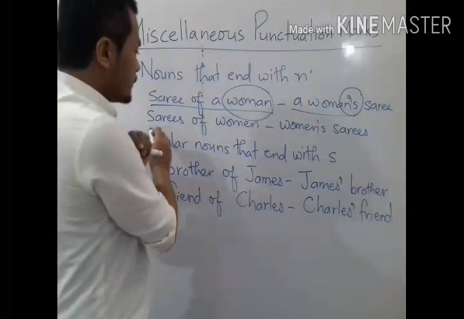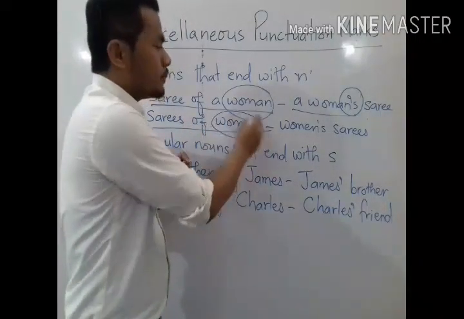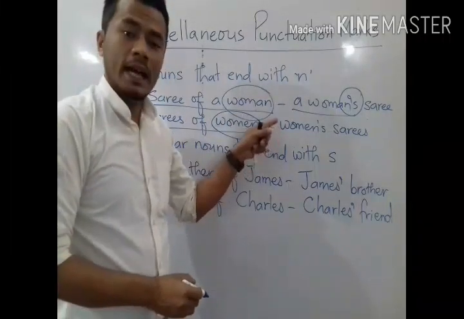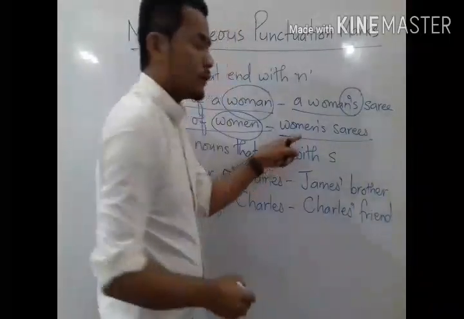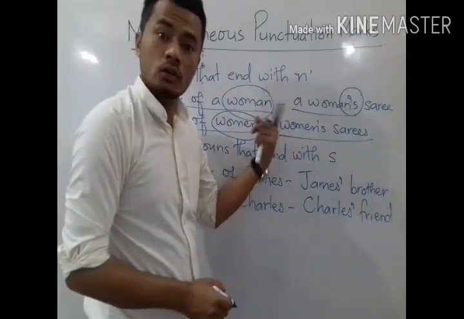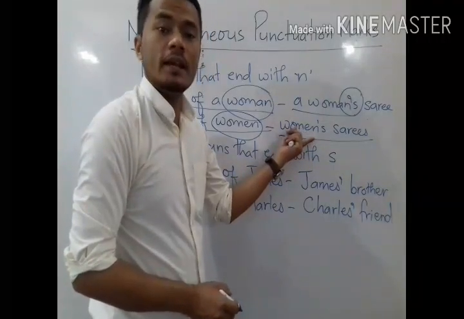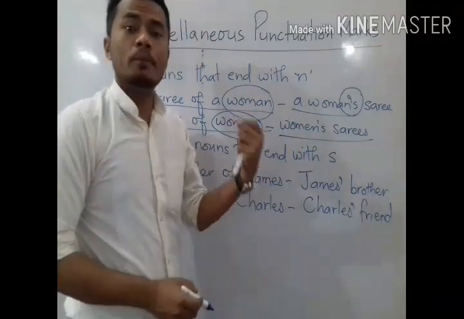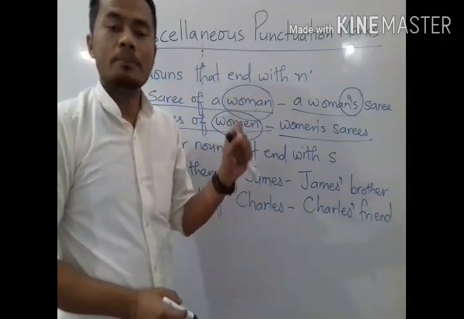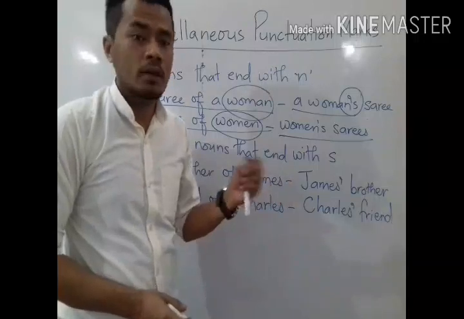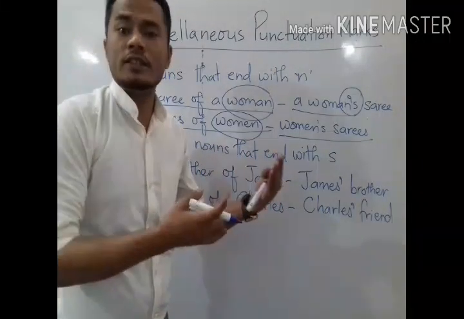But let's see another example. Saris of women. Women is a plural noun here. But when I am showing its possessive case, I have used apostrophe s, though it is plural. Why? Because it does not end in s. That means if the plural noun does not end in s, then we have to put apostrophe s in both singular and plural cases, like the play of the children.